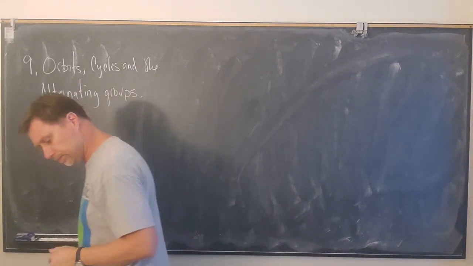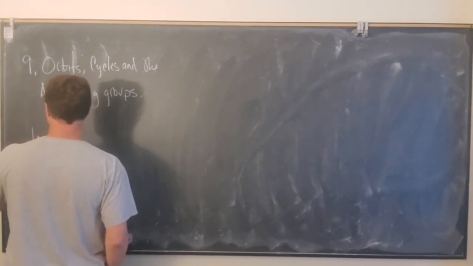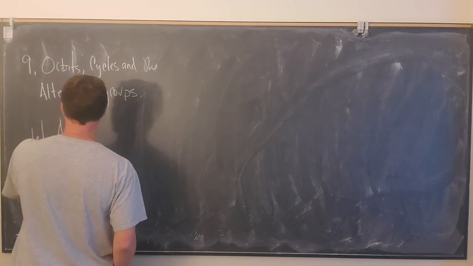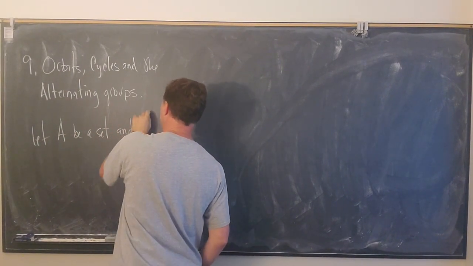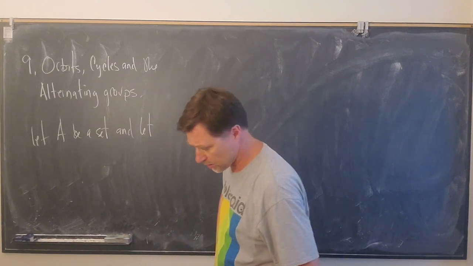So we'll start off like this. Let capital A be a set, and I want to take a permutation of that set. Let's call it sigma.